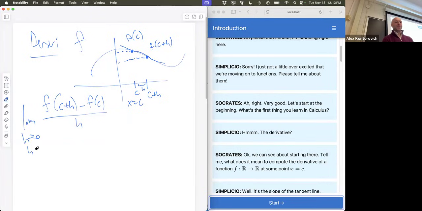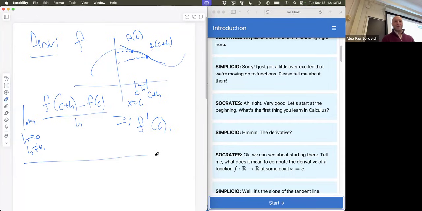Of course, h can't be equal to 0 because then you'd have 0 over 0. So you just take the limit as h goes to 0 of this thing, and this is how you define the derivative of f at c, right? The secant line turns into the tangent line. The average slope over a shorter and shorter interval turns into the instantaneous slope.